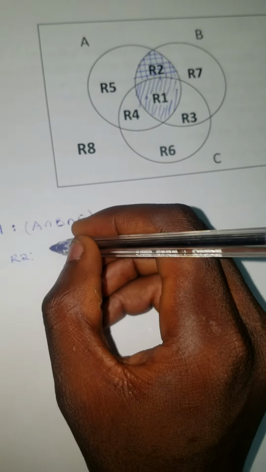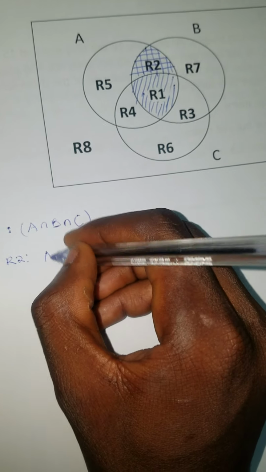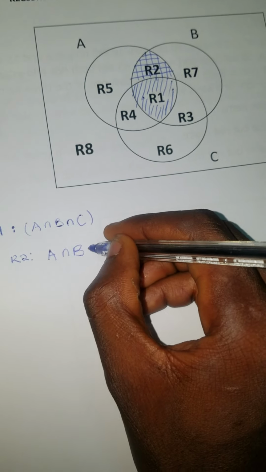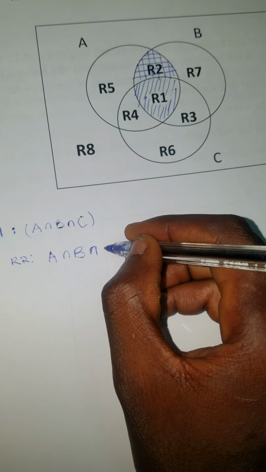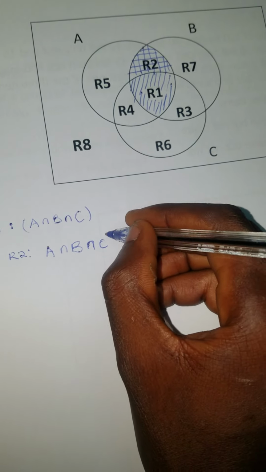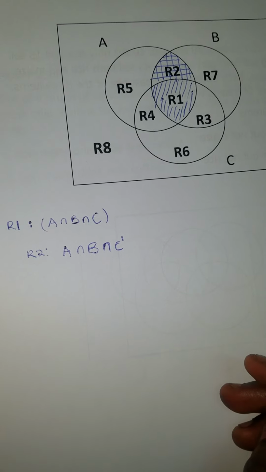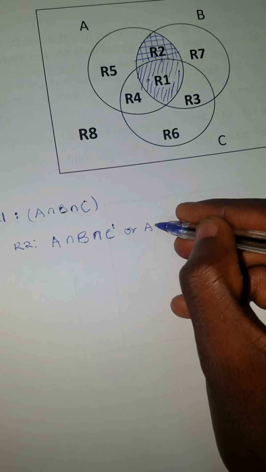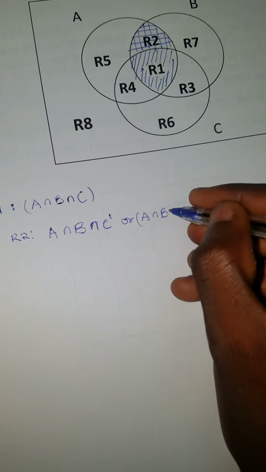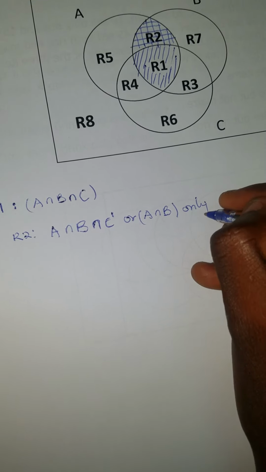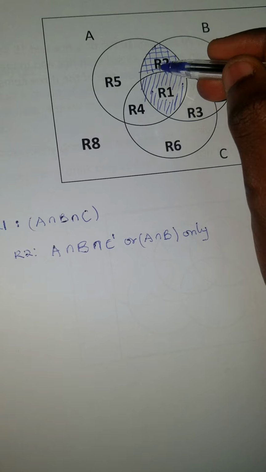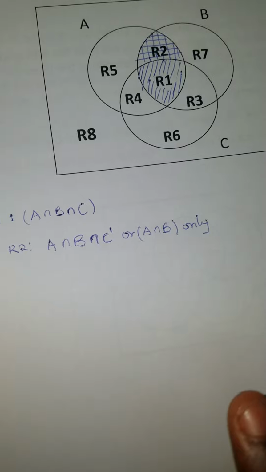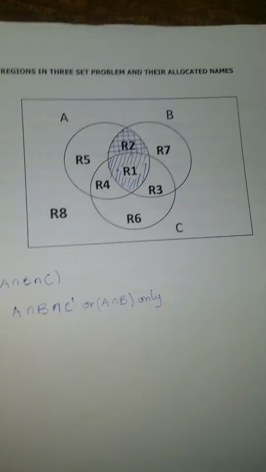Our region 2 is A intersection B intersection C complement. Or you can also say A intersection B only. This region, the region 2, is the region I've shaded, and that is A intersection B only.